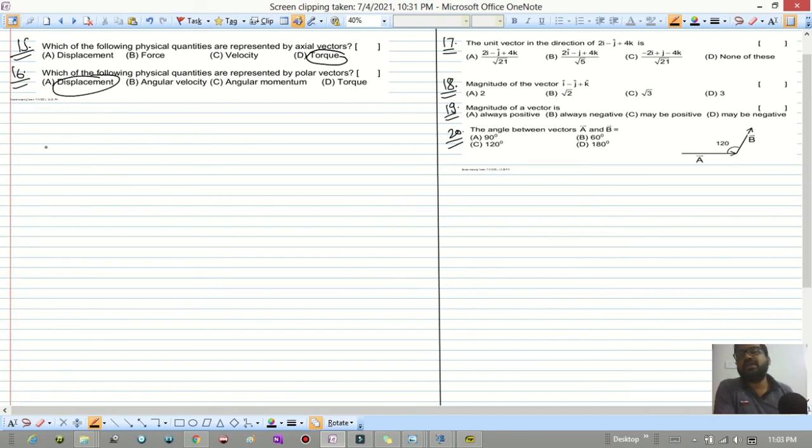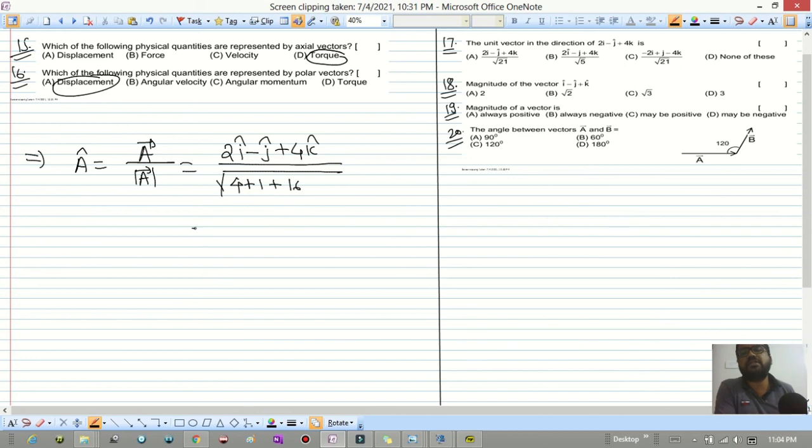So we know that a unit vector is the given vector divided by the magnitude of the vector. So what is the given vector? 2i hat minus j hat plus 4k hat divided by its magnitude, root of 4 plus 1 plus 16, which is root 21.